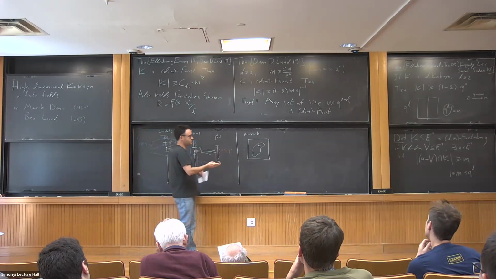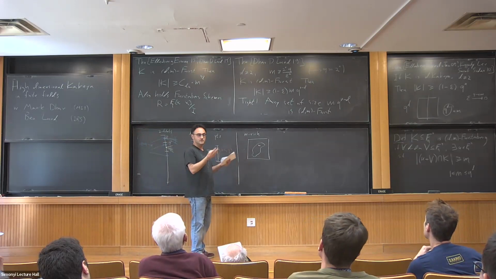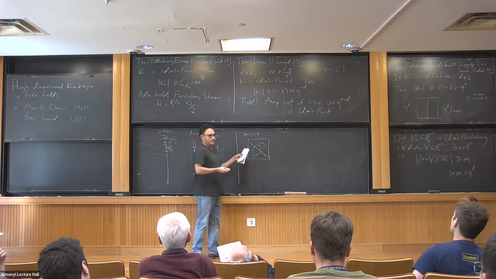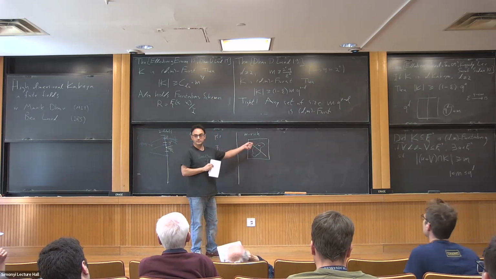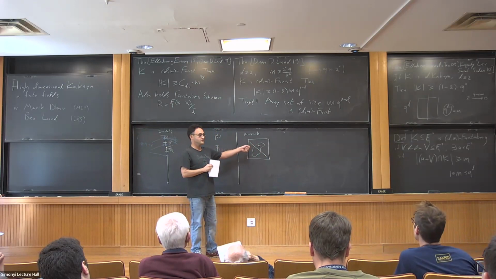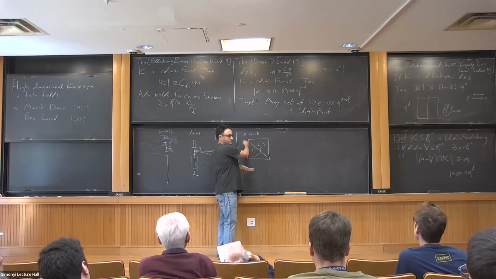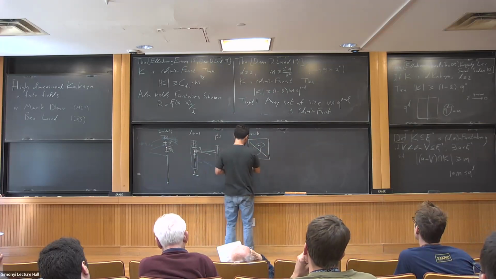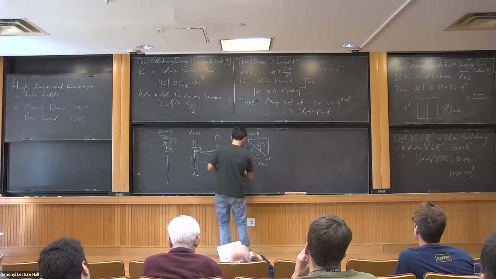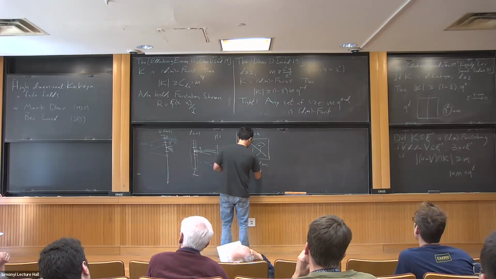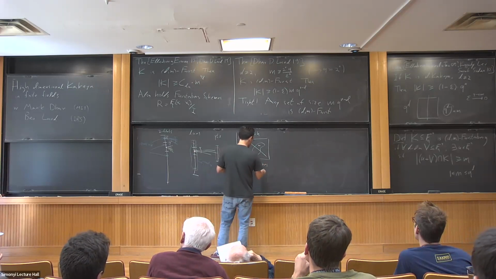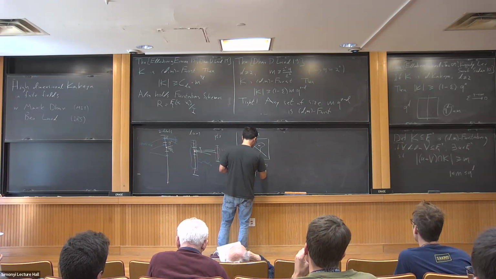So I claim that just by pairwise independence, if I pick a random line, I get a pairwise independent sample. So if this M is big enough, most lines will have the right number of points on them. Most lines are going to be M over q, maybe with some small loss, maybe 1 plus epsilon, 1 minus epsilon.